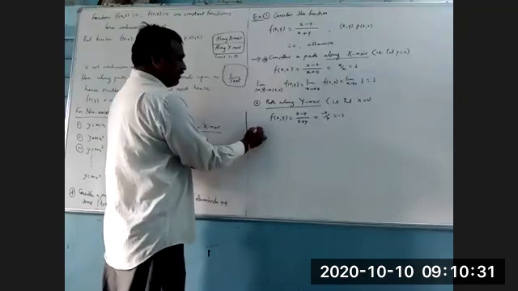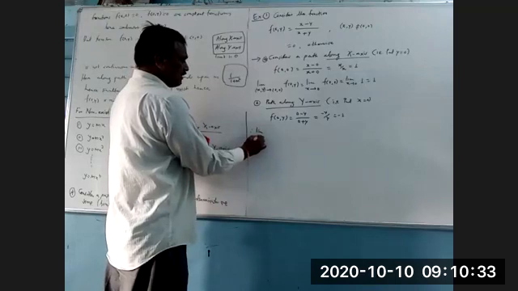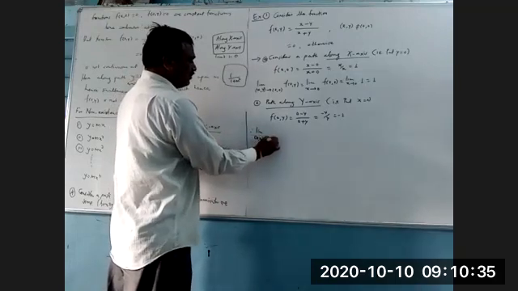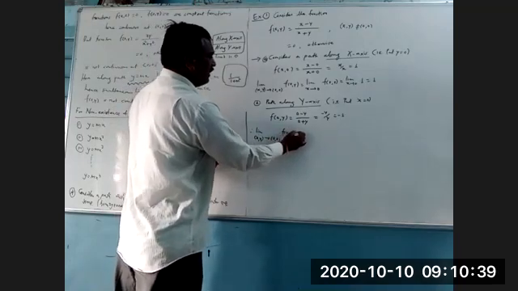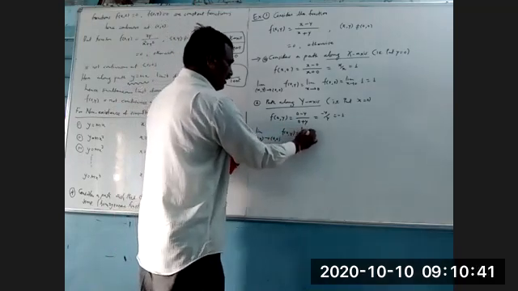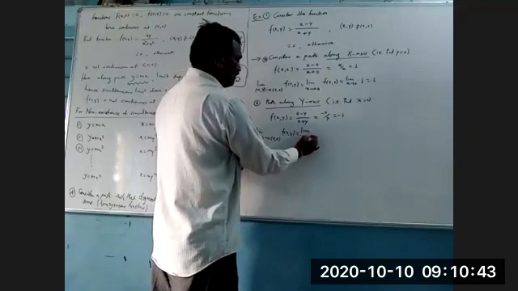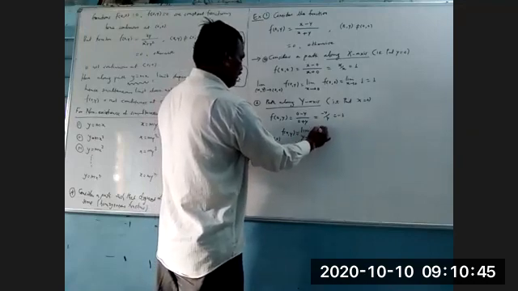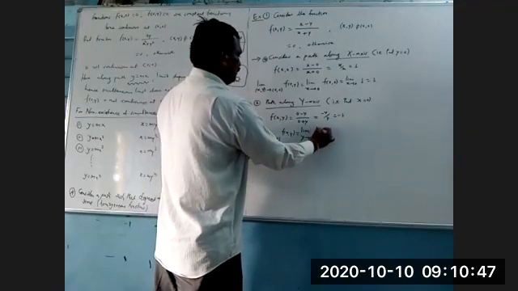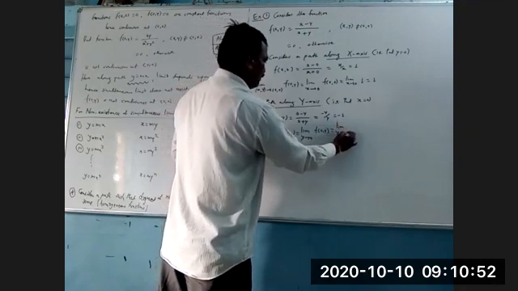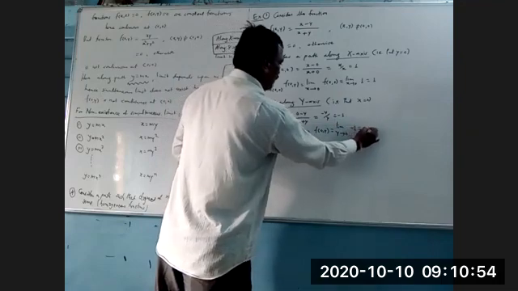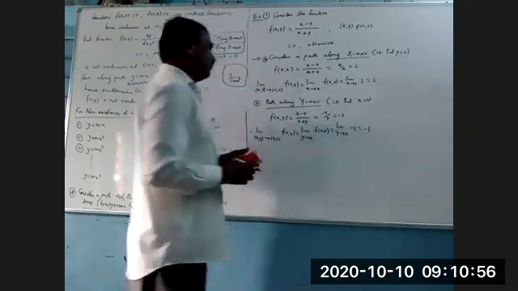Therefore limit as (x, y) tends to (0, 0) of f of x y is nothing but limit y tends to 0 of f of 0, y, and that is limit y tends to 0 of minus 1. Therefore this value is minus 1.